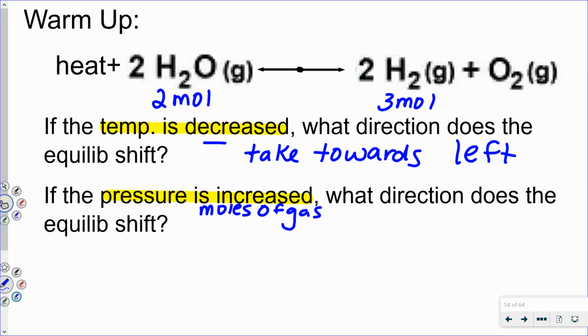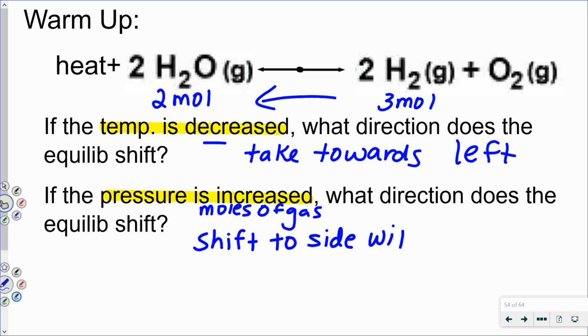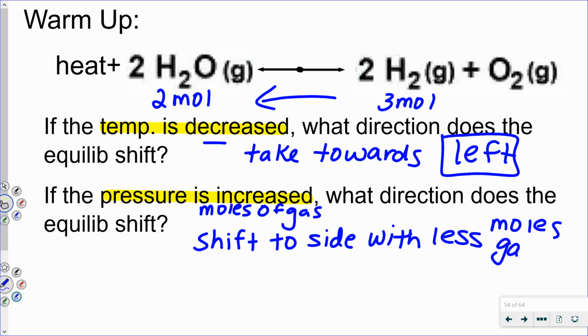Now, I am increasing the pressure. I'm squeezing this system tighter and tighter. That means my equilibrium is going to shift towards the side where there is less stuff or less moles. So I'm going to shift to the left. The answer here: shift to the side with less moles of gas. So that would be a left shift. Both of these demonstrate a left shift.